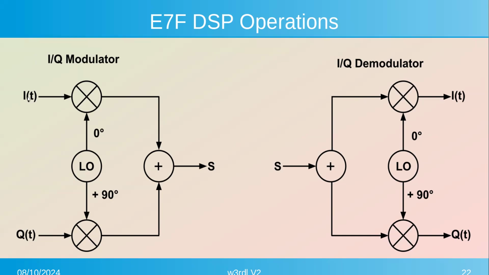So you're doing the I compared with the local oscillator that's in phase with it, and the Q with a 90-degree shifted local oscillator signal. And you sum those together and get a modulated signal out. You do the reverse for demodulation. And this is all done without diodes and resistors. It's all done with math in the digital world.